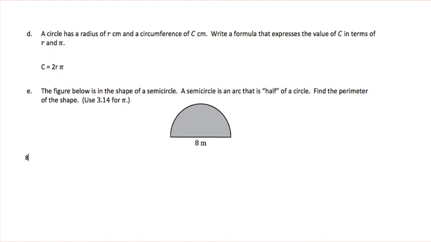So we'd multiply 8 times 3.14, and then we'll need to divide our answer in half to give us this part of our semicircle arc.